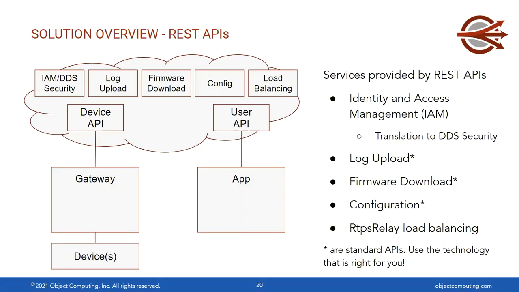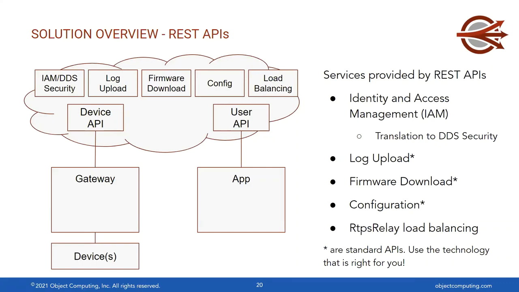For example, the application needs to authenticate to the cloud so that it can onboard gateways or do other administrative things. Similarly, a gateway may want to access the cloud to perform operational things such as uploading logs or downloading firmware or downloading a new configuration, perhaps to put it into a debugging mode or something like that.